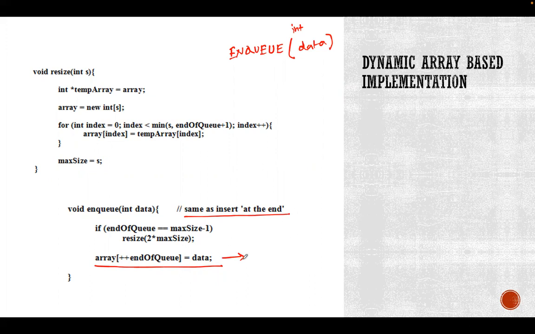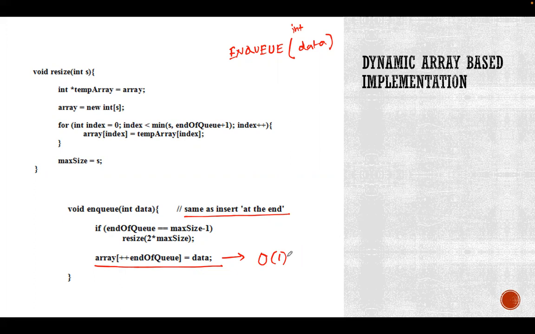This one is an order of 1 operation, but the only thing here is that we're using an array based implementation. Whenever there is an array, whether it's a dynamic array or static array, it is going to reserve a fixed space in our memory.